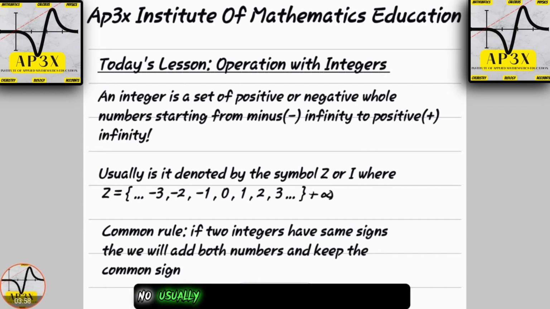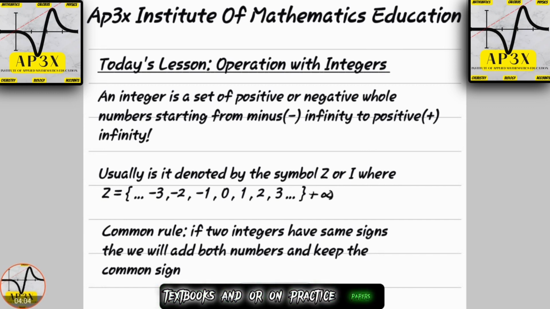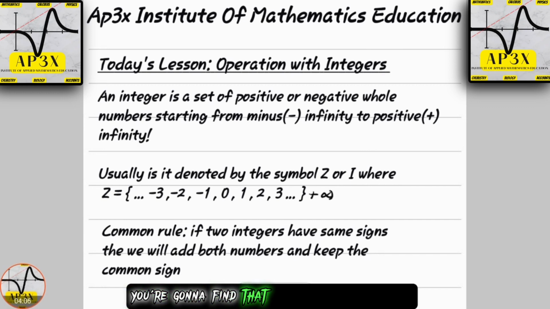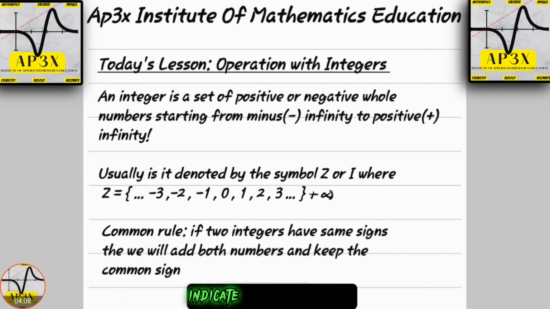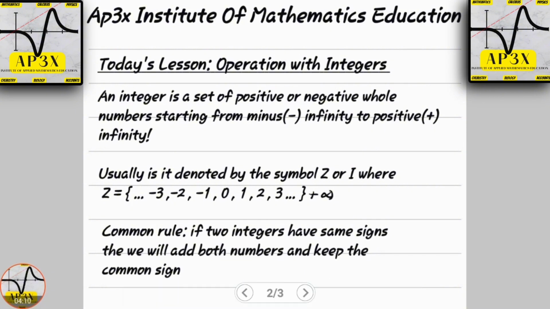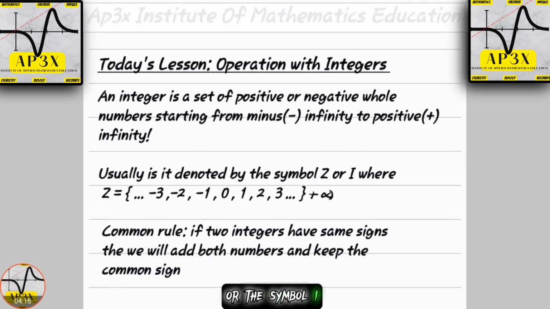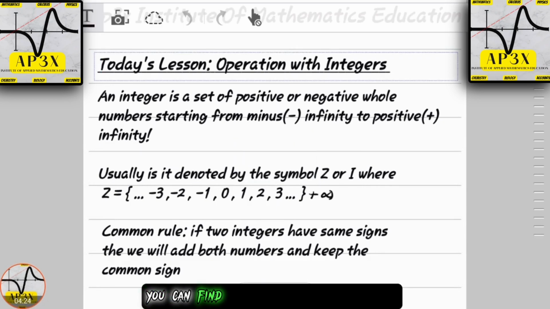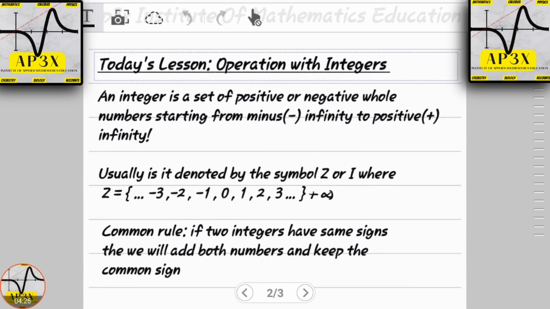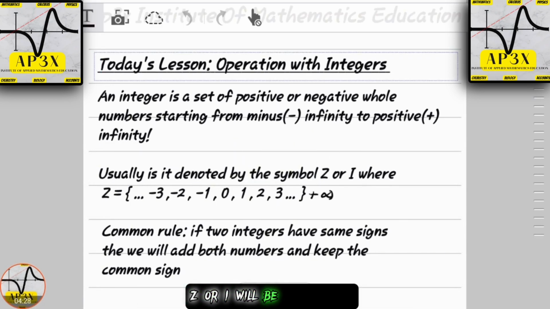Usually you're going to find in formula books, textbooks, and or on practice papers that the majority of the time we indicate the set of integers using the symbol Z or the symbol I. So you can find here a lot of the times that Z or I will be our indicator.